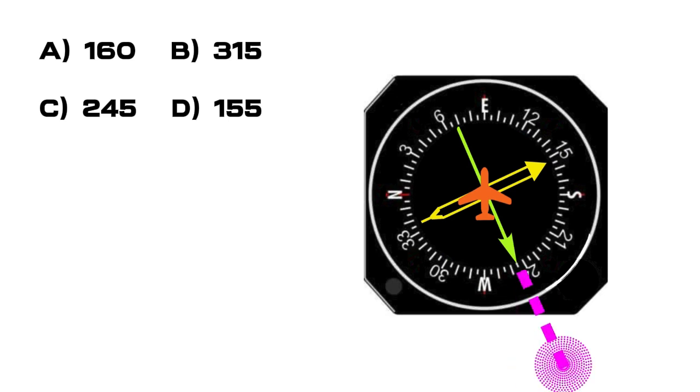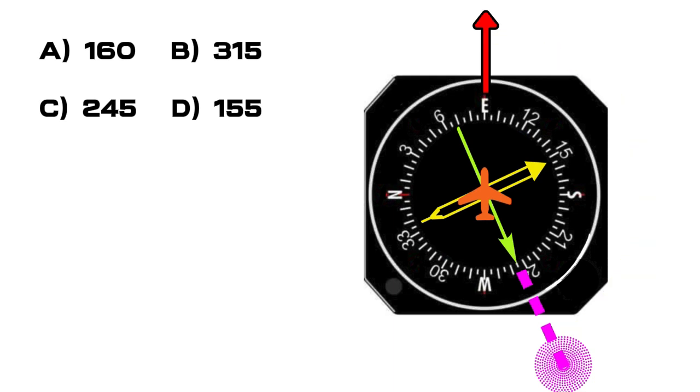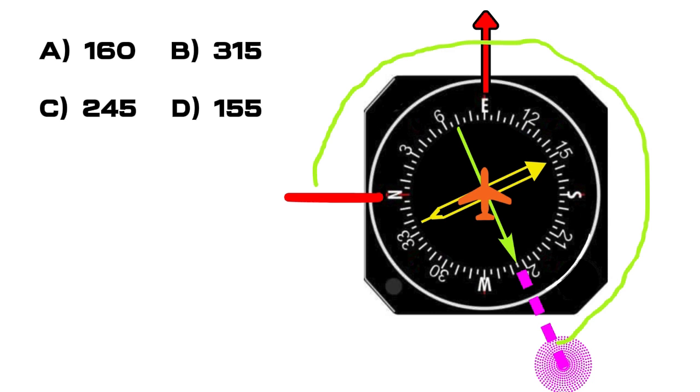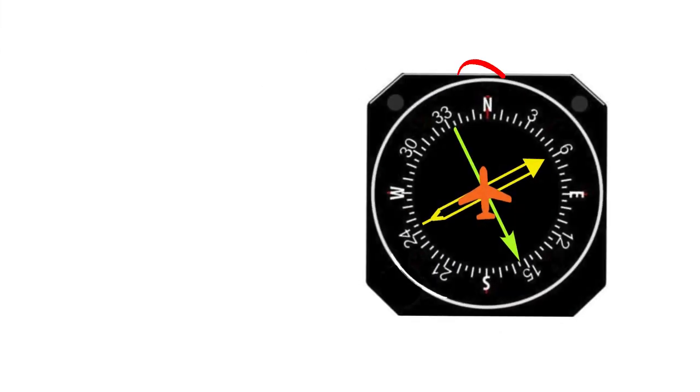The top of the instrument represents the aircraft heading, so this angle here is our relative bearing to the NDB. 245 degrees is measured from 0 or north, so we need to subtract this 90 degree section here from 245 to get a relative bearing of 155. So you can see if 0 was on top, the arrow would be pointing to a relative bearing of 155.